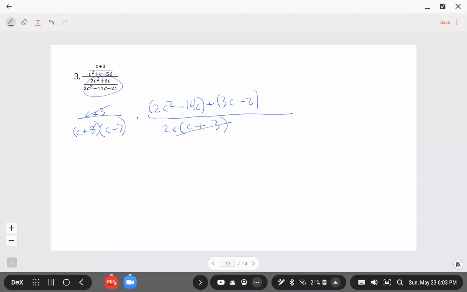Let's just eliminate that first. So 1 over c plus 8, times c minus 7. Let's just eliminate that real quick. And then times, we can just simplify this. What will we get? 2c plus 3 times c minus 7, right? That's what we get.